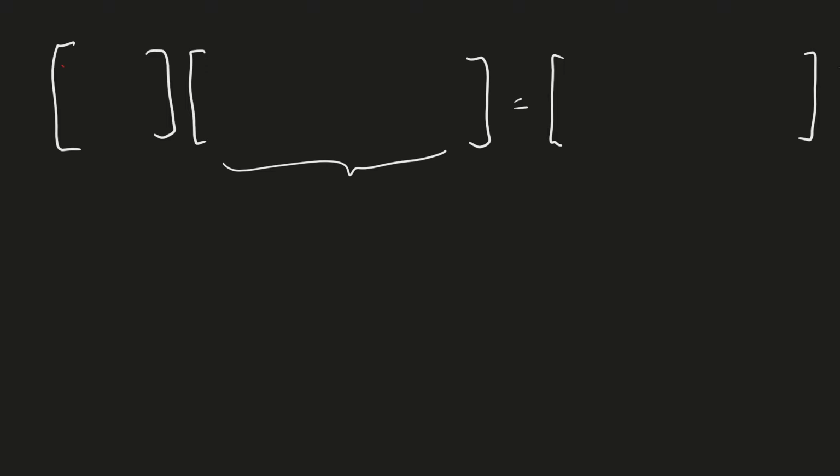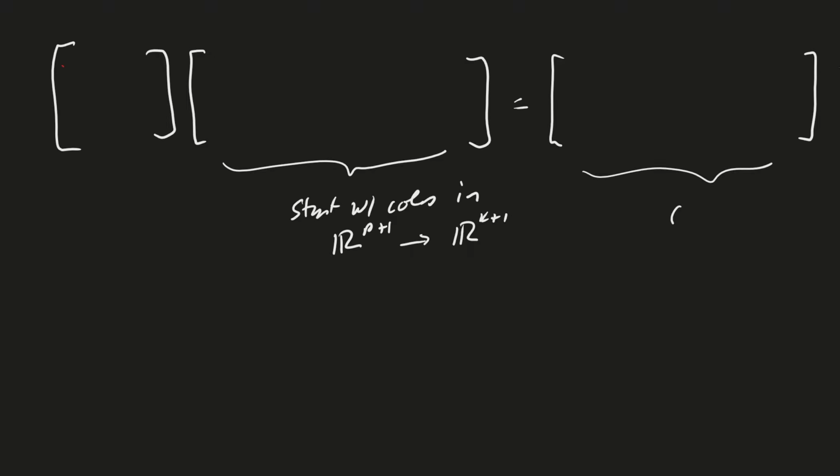We start with columns in R^(P+1) and then go to R^(K+1), right? And this is always going to be columns in R^M. So you don't want to get in the trap of looking at columns of these two matrices.